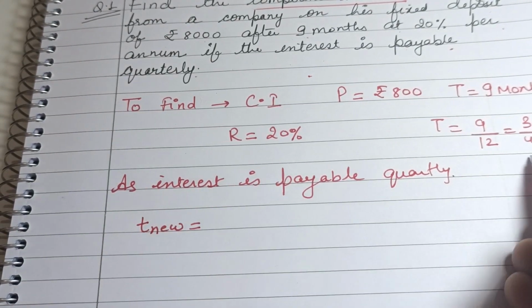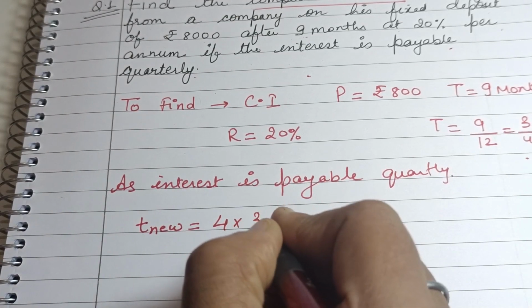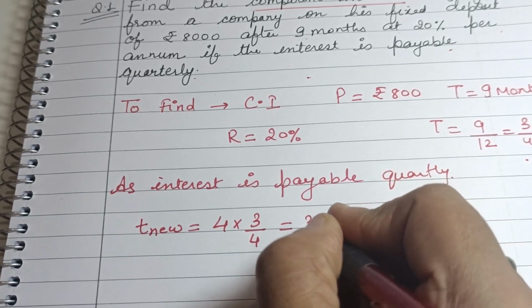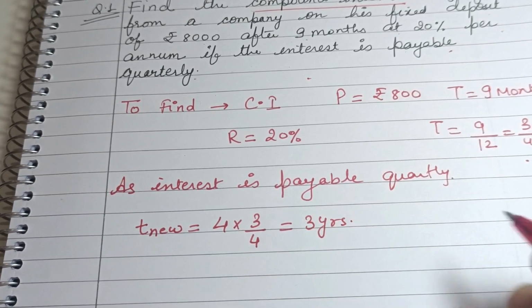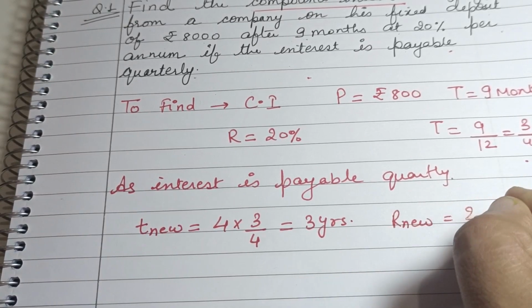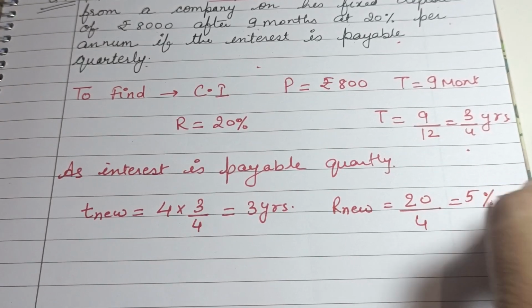The new time will be 4 multiplied with the previous time, that was 3/4. So you will get 3 years. And the new rate will be 20 upon 4, that is 5%.